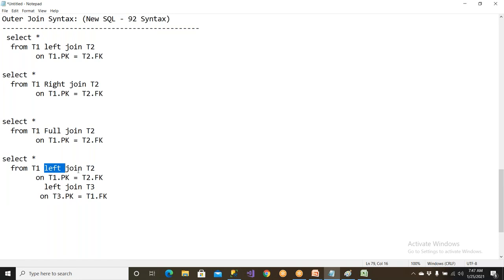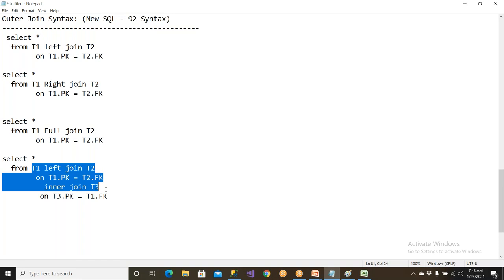Or you can say this will be left, and I wanted to use simply join, or you can say inner join. That is also available. So you will get matched data and unmatched data here, plus whatever data you got from that table, and you see again the completely matching data with this T3 table. Clear? So that is the meaning of this statement. So you can have left join, right join, full join, inner join.